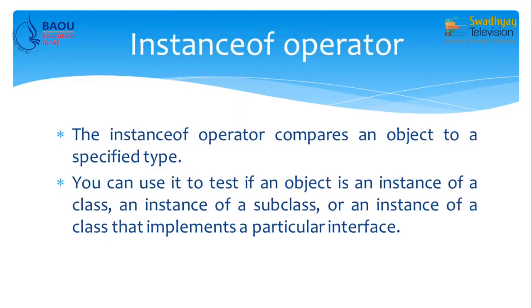So, for this type of comparison, where we are interested not in the value but in the type of the operand, we can use the instanceof operator. It compares an object to a specified type. You can use it to test if an object is an instance of a class, an instance of a subclass, or an instance of a class that implements a particular interface.